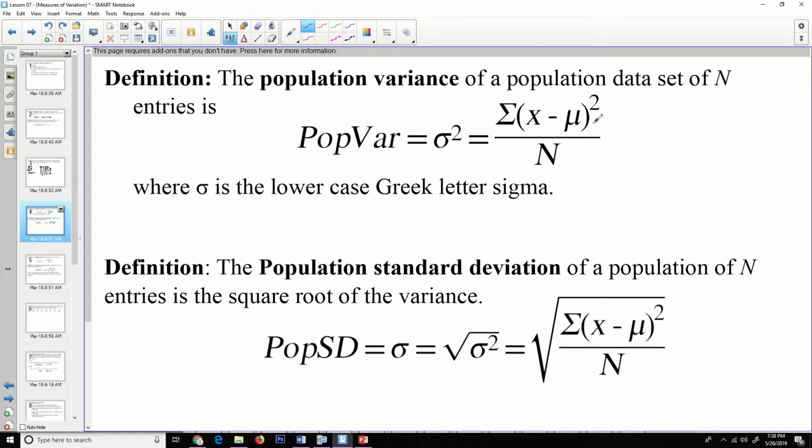What this is telling us to do is to calculate the deviation of each entry, square that value, add them all up, and then divide by n. The population standard deviation is the square root of the variance. So my population standard deviation is just the square root of this population variance.